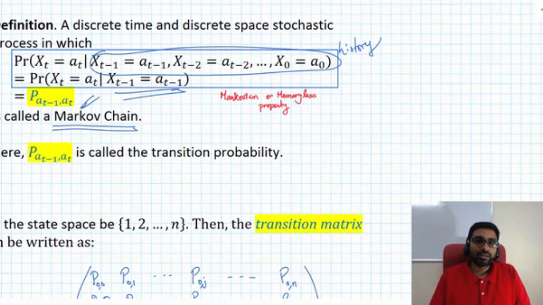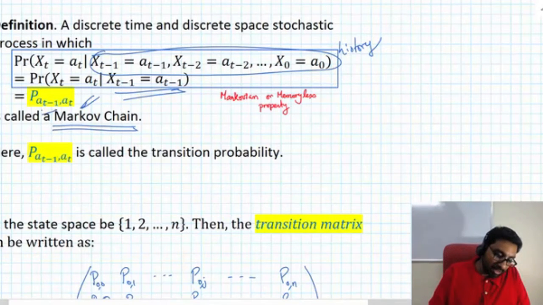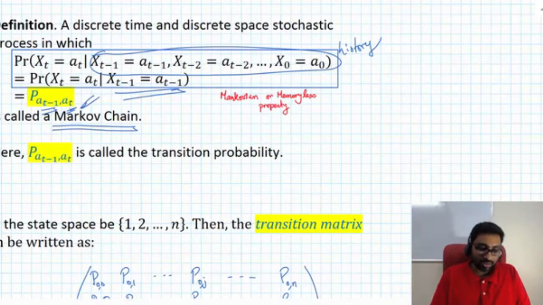And the history beyond that has no bearing at all. And therefore, since the history beyond that one previous step does not have any bearing, this probability can simply be written as P AT minus 1 to AT, because if you are at AT minus 1 at time t minus 1, then with this probability you will be at state AT at time t.